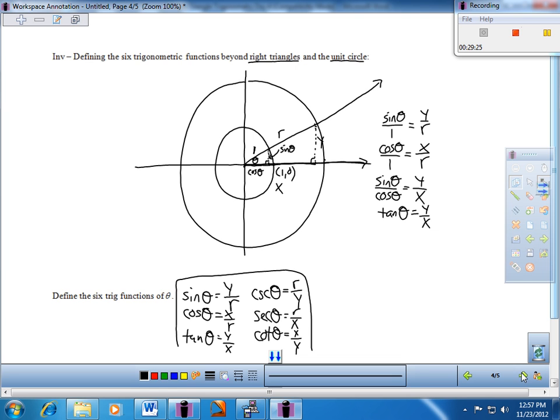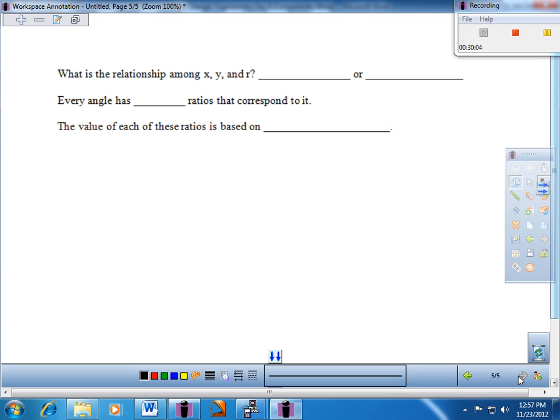Okay. I think we just need to fill in a couple more pieces, I guess, based on that premise. I'm going to skip this just momentarily, come right back to it. But basically, here's what we know. Every angle in existence has 6 ratios that goes with it. Okay, and those 6 are defined by sine, cosine, tangent, cosecant, secant, and cotangent.